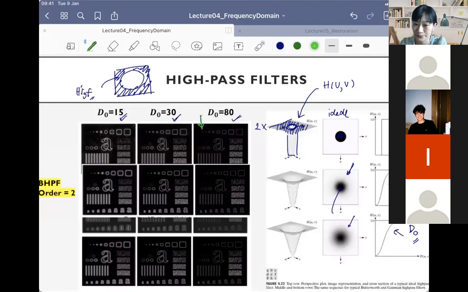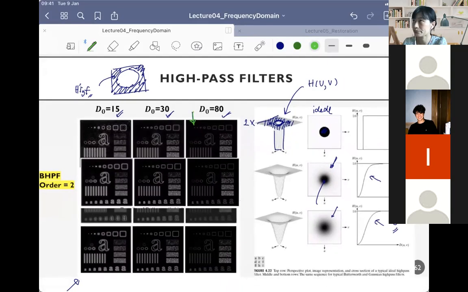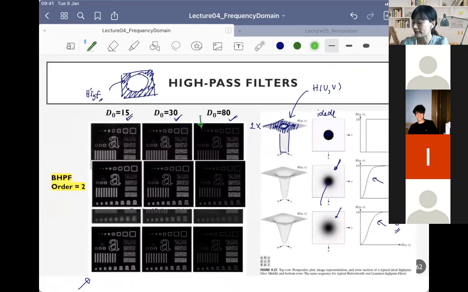There's a question: what are the different use cases between the three types? I haven't really worked on the high pass or low pass filter so much, but mostly they don't really use the ideal filter.